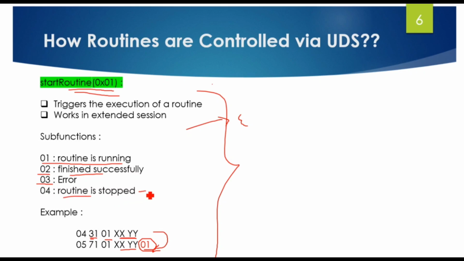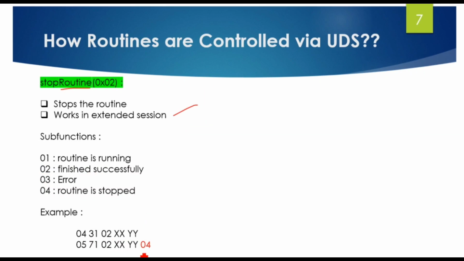In stop routine, the subfunctions are the same, but if I give 3102, I am not starting, I am stopping the routine. So I am giving this stop routine request.